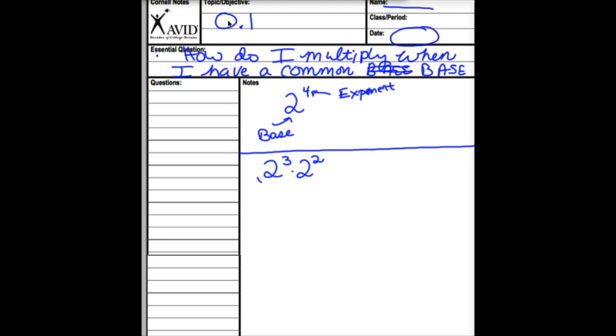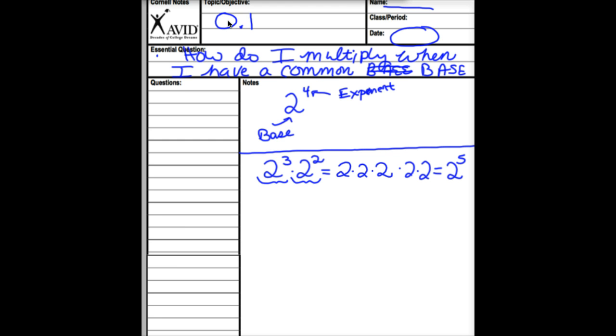The best thing to do is really just to write this out, because that exponent tells you how many 2's you have. So that means 2 times 2 times 2, 3 times. And this one means 2 times 2, just twice. And you'll notice when I'm done, I have 5 2's written out.